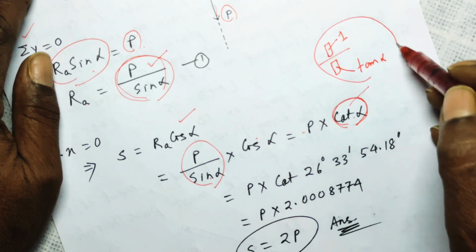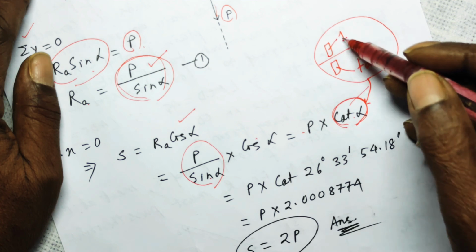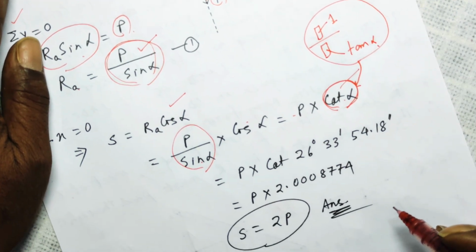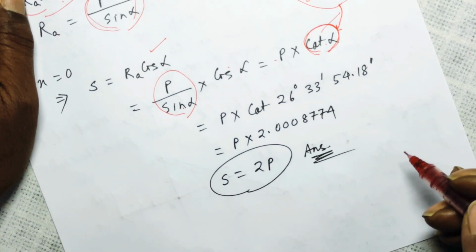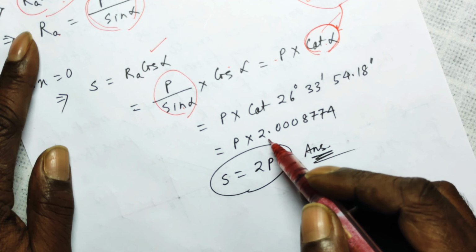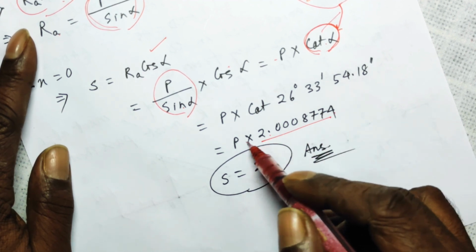So this becomes your cot alpha. So 1 over tan alpha, that is cot alpha. So that comes out to be 2.00087774. So P times that.